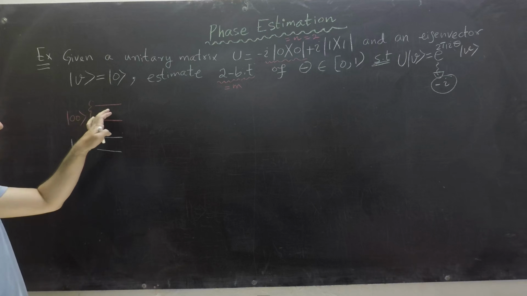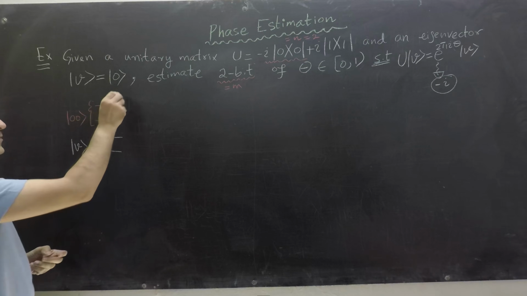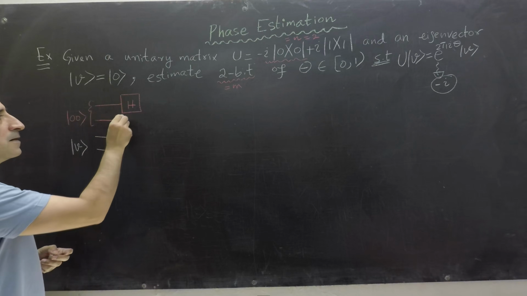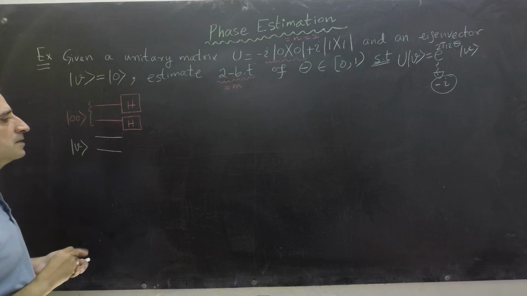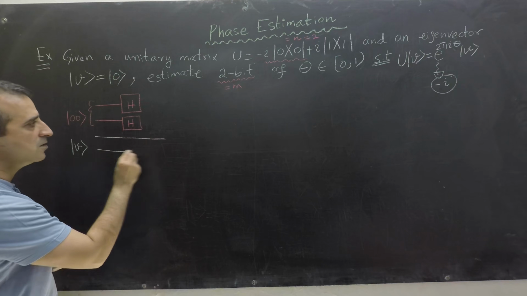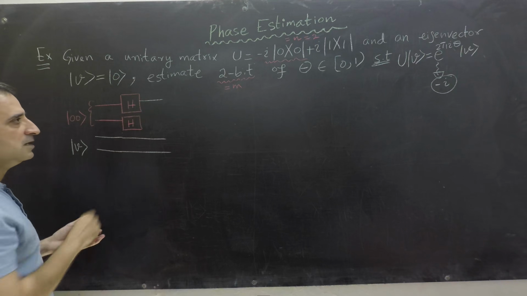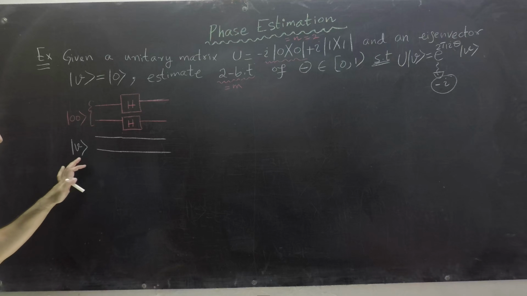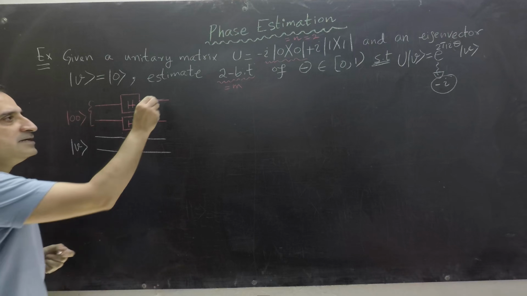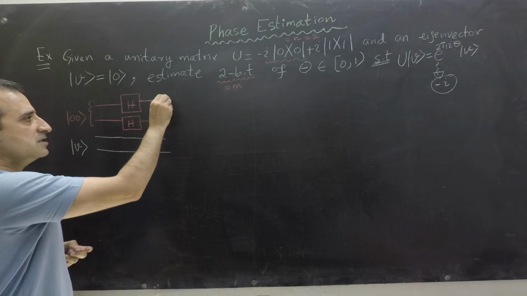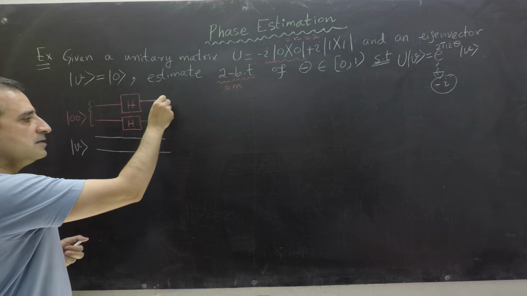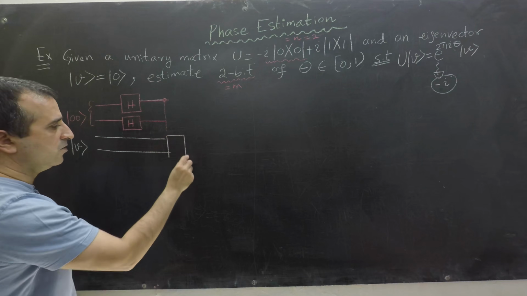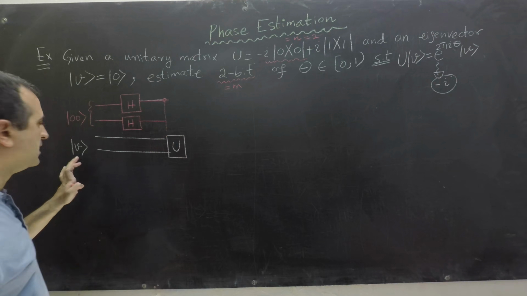Now I apply Hadamard gate on the inputs of the first register. Based upon the outcome of the Hadamard gates, I apply the unitary matrix on my eigenvector. So in case my first register, first qubit is 1, then I apply the unitary matrix on the eigenvector.